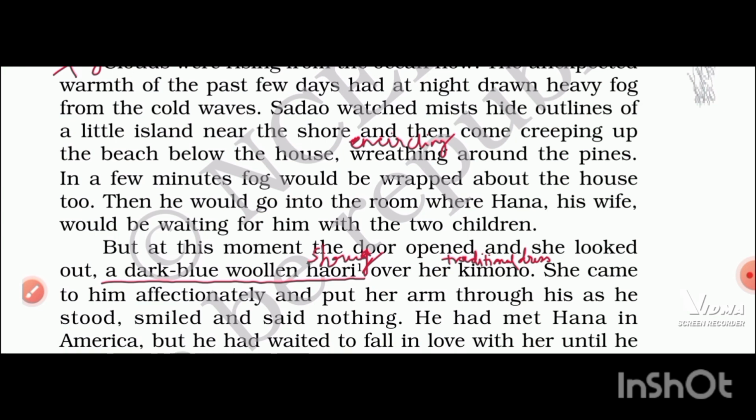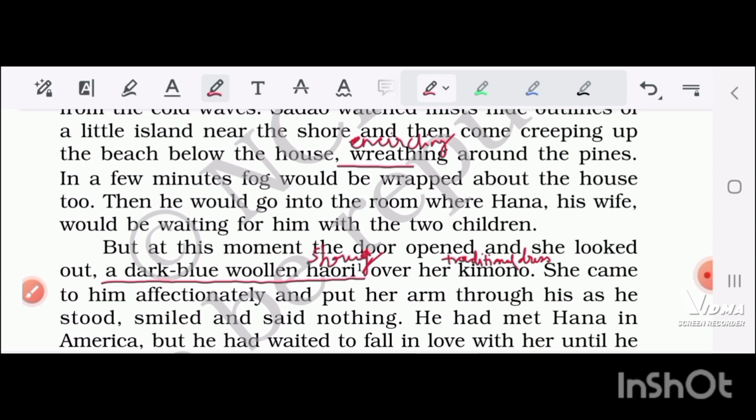Because of mist, or we can say because of fog, Sadao could not clearly see the edges of the small island. So this island, as it was near the shore, the fog, the mist would slowly come up to the beach area and below his house, and now what is the meaning of this?